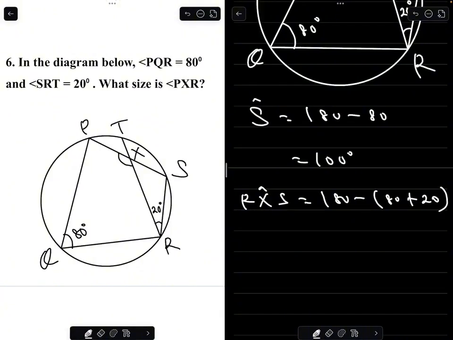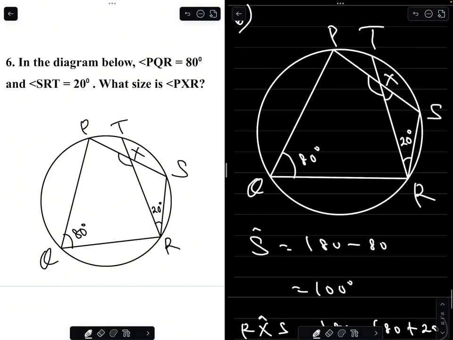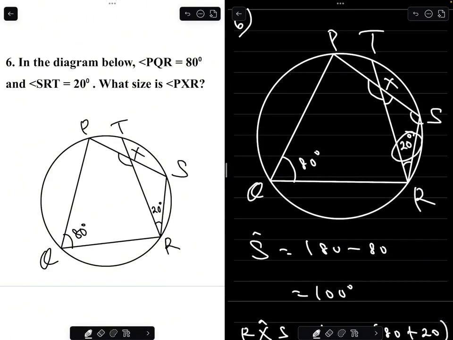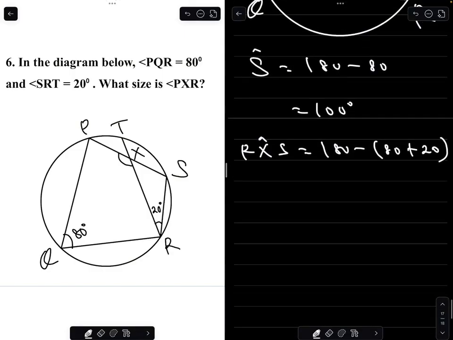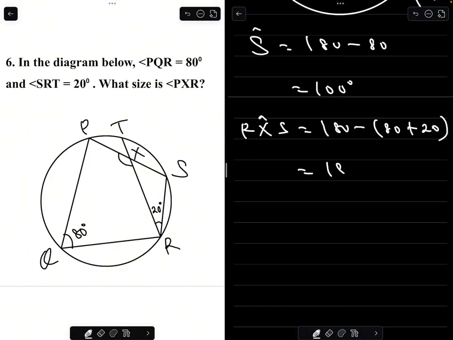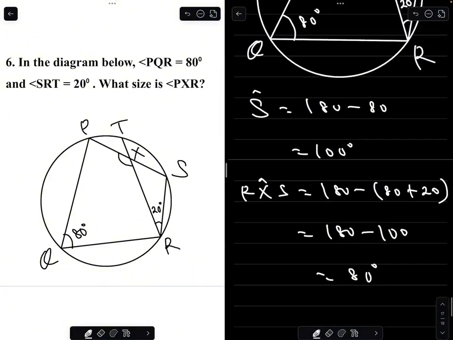And the reason for that is sum of angles in a triangle. We know that 20 plus angle S, which is 100, plus angle RXS is equal to 180 degrees. That means angle RXS will be 180 minus the sum of 20 degrees and 100 degrees, and that simply means angle RXS is 80 degrees.